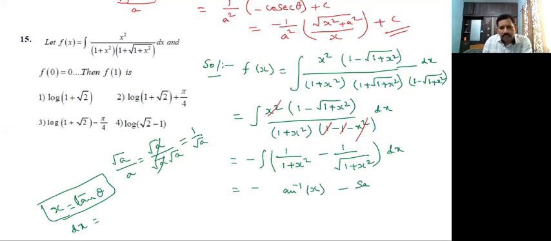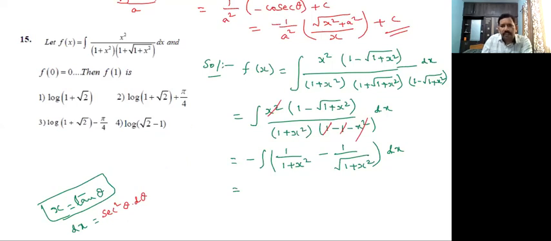Here onwards I am writing. First one is okay. Now, here dx means derivative of tan theta, secant squared theta d theta. Okay, substitute those values in the question. Then what happens? See, one second.